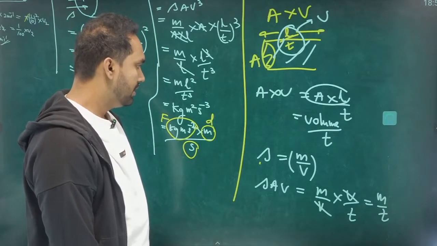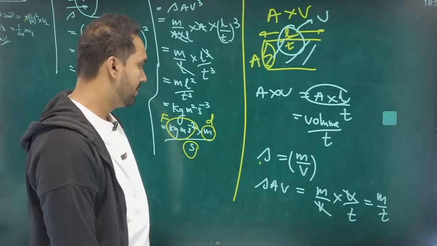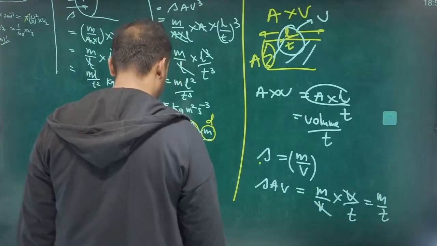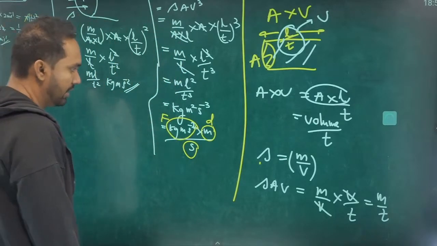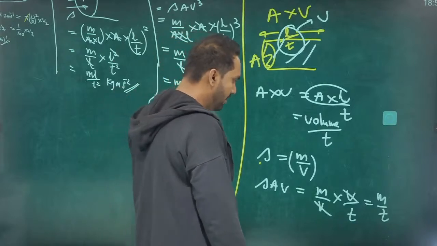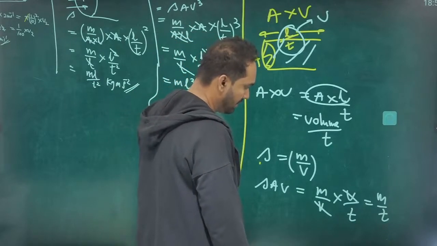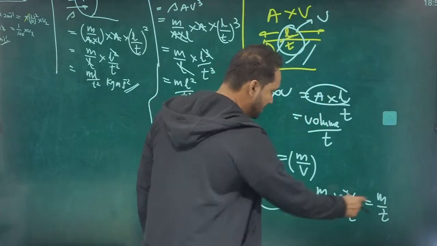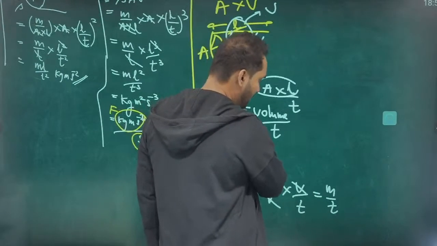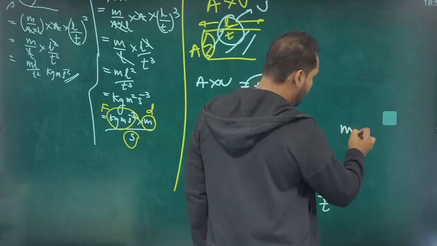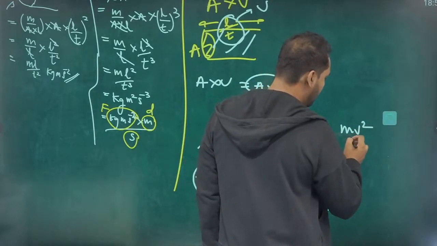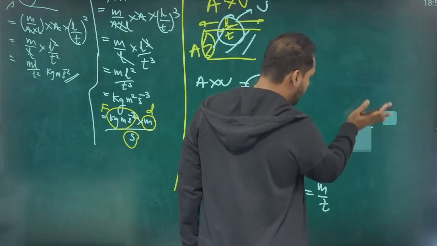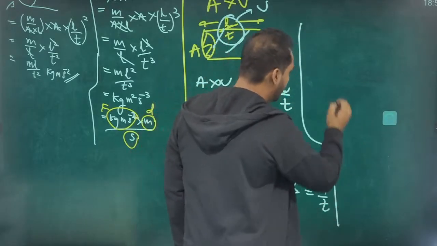So if you put the half mv square to it, now this is m over t.